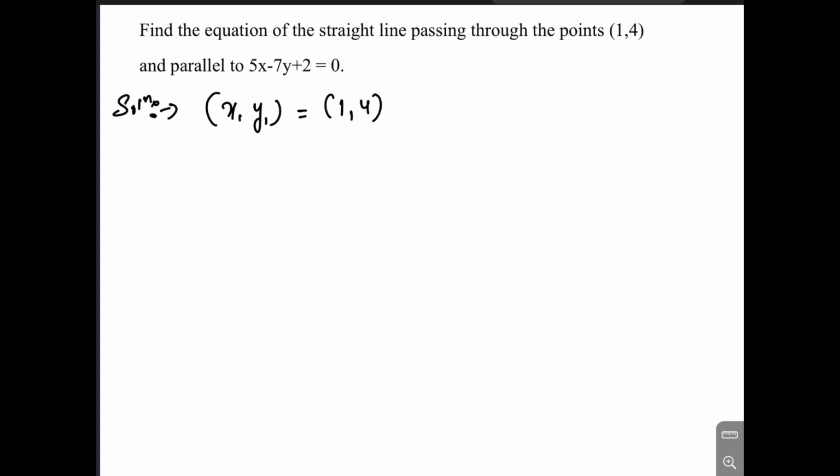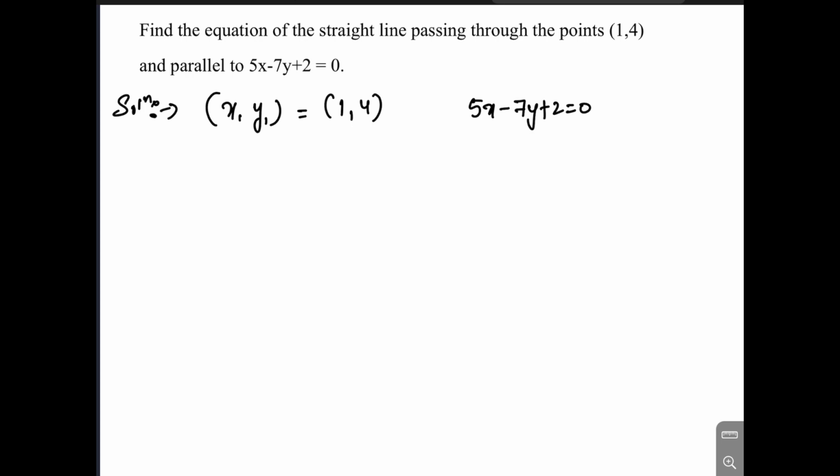(x1, y1) = (1, 4) is already mentioned in the question, and the equation is 5x minus 7y plus 2 equals 0. First, we'll find the slope of the line.